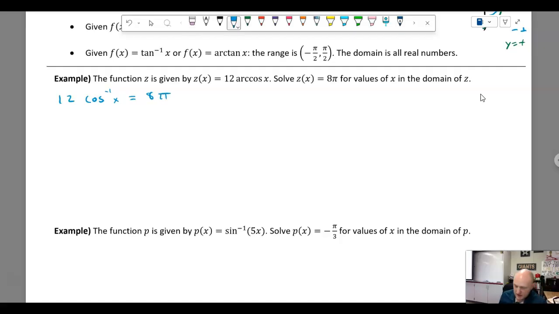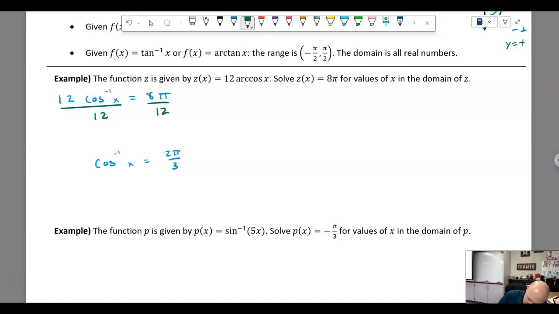So what I want to do is isolate my cosine inverse of x. So I'm going to divide both sides by 12, and we get cosine inverse of x is equal to 2 pi thirds.